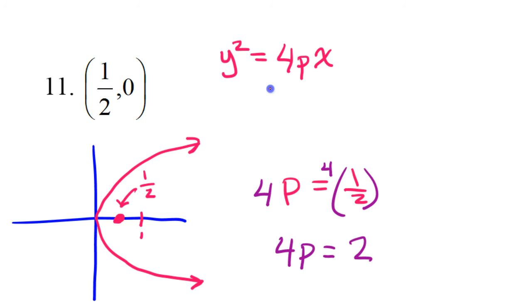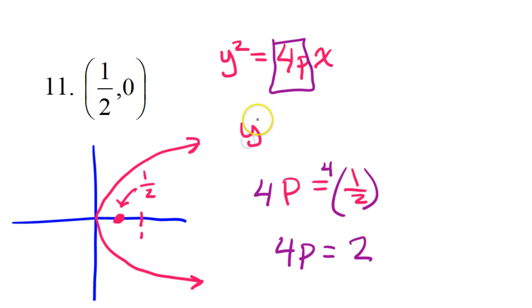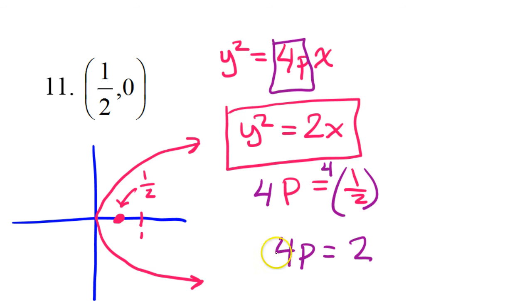So I'm just going to take this 4p and replace it with 2. So that gives me y squared is equal to 2x. All right, that's it for number 11.